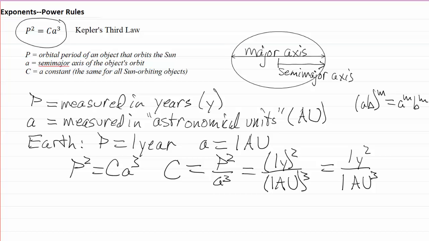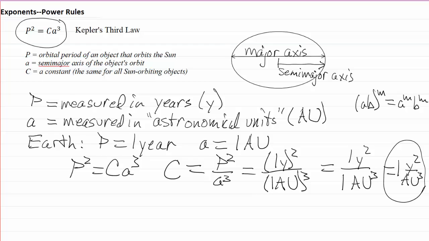It didn't make any difference raising a 1 to the power. 1 squared or 1 cubed is still just 1. But this is what I get. I end up with 1 year squared per AU cubed. So there's using a power rule for exponents. And so now we know the value of that constant C. And that's the same value for all objects that orbit the sun.